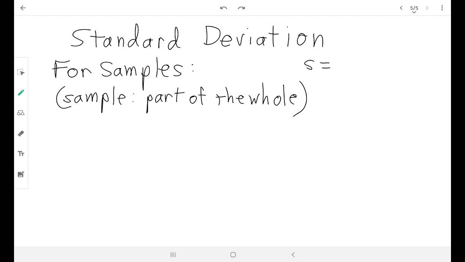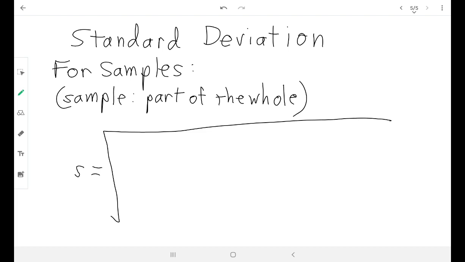And actually, let me do it down here where I can do it a little bit easier. So it's the square root of x sub n minus x bar.